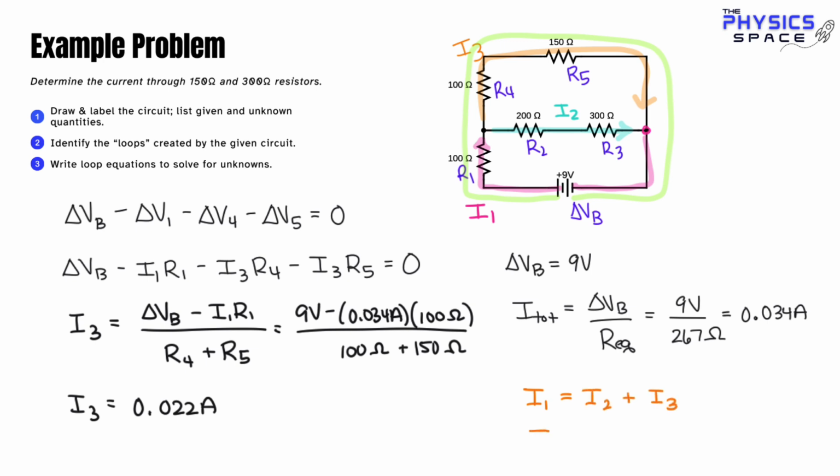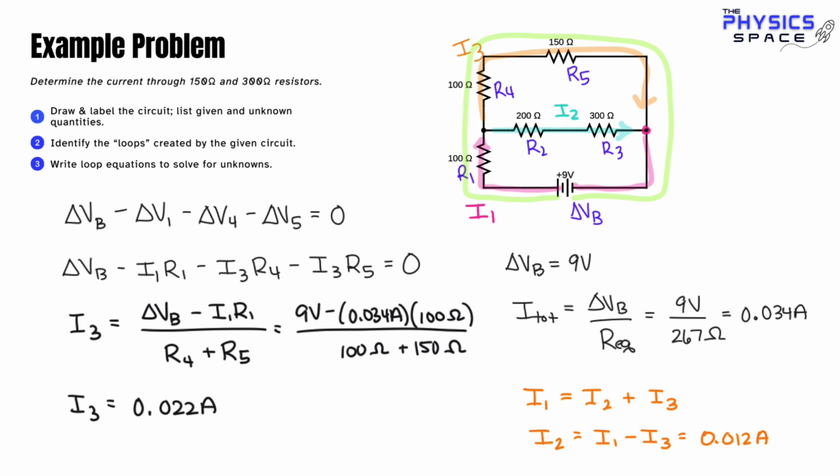So the simplest way to solve for I2, which is the one that goes through R2 and R3, our 300 ohm resistor, we would subtract that current that we just found from the total current to get about 0.012 amps.